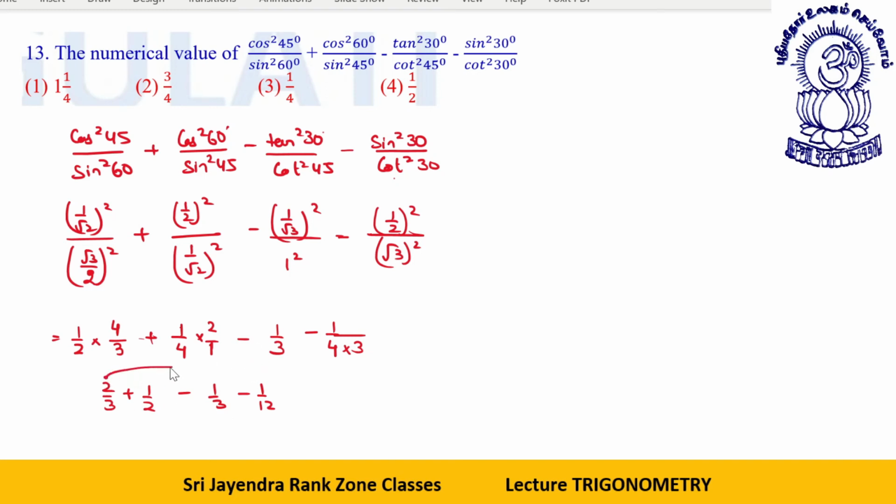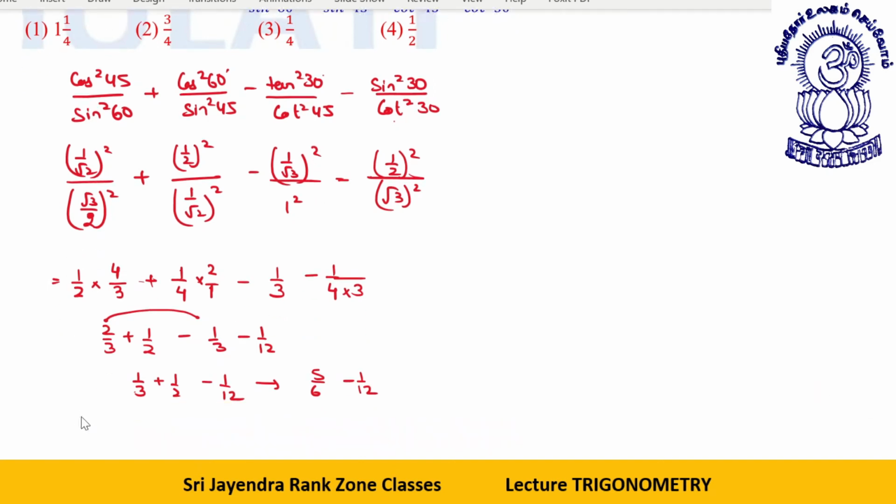Now 2 by 3 minus 1 by 3 is 1 by 3, plus 1 by 2 minus 1 by 12, or I can say 5 by 6 minus 1 by 12. This can further be written as 10 by 12 minus 1 by 12, or I can say 9 by 12, that is 3 by 4.